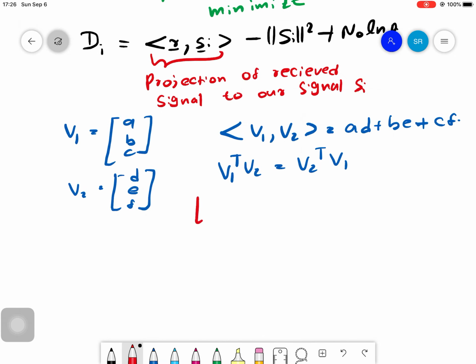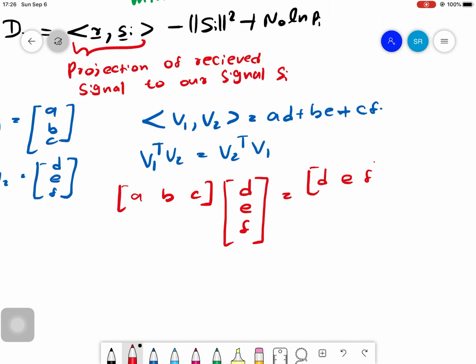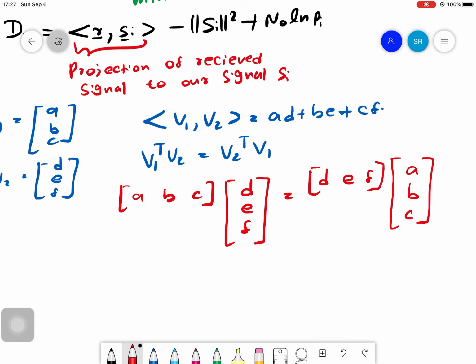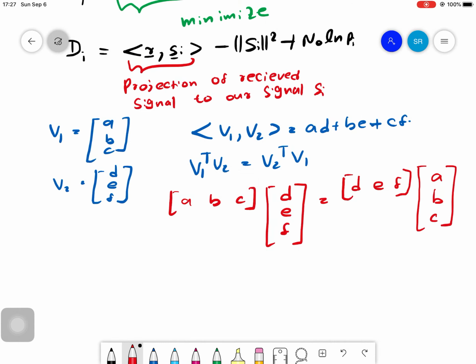It means it is transposed into the matrix multiplication of these two.